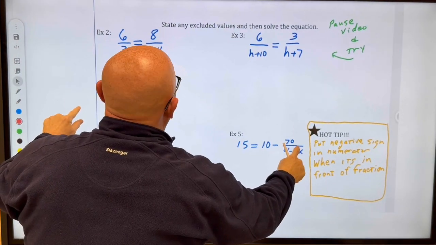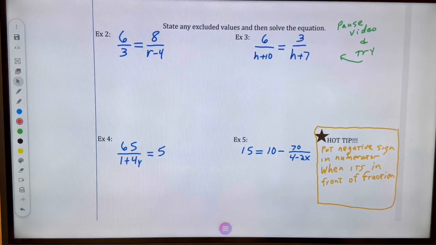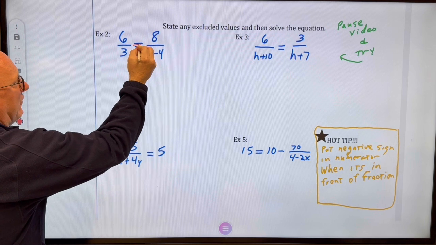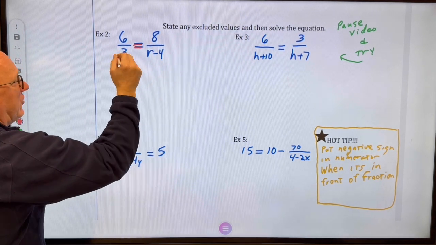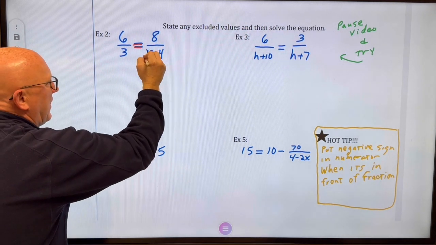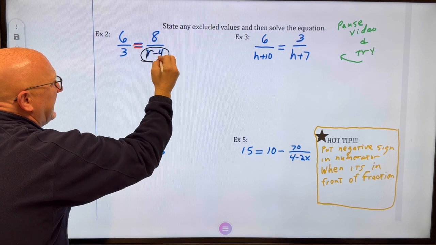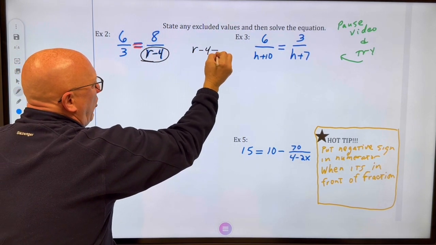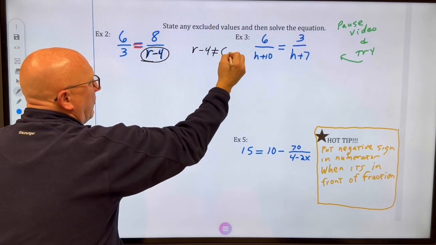Let's now go to a couple other examples. So here's a couple other examples. The first one, again, you have a fraction equal to a fraction, and we're going to cross multiply eventually. But first, we have to note that there is an expression with a variable in the denominator. This expression off to the side can never equal what number? 0.